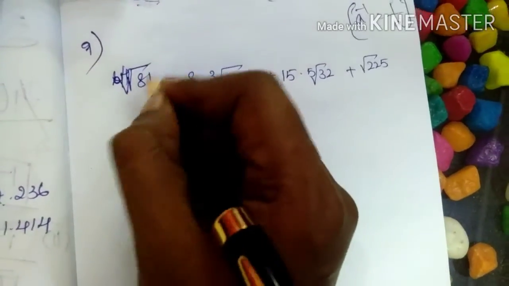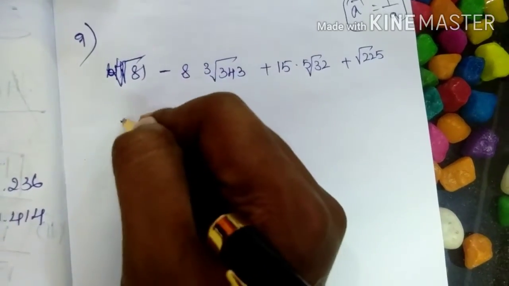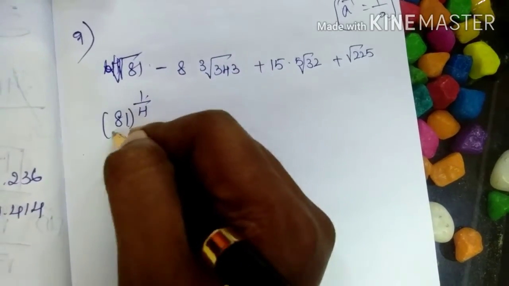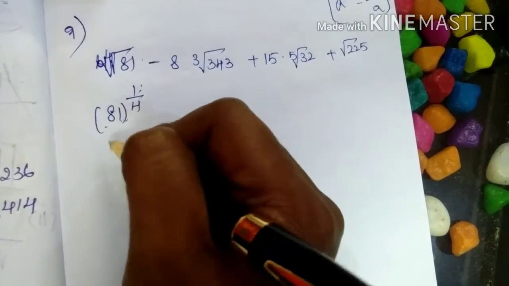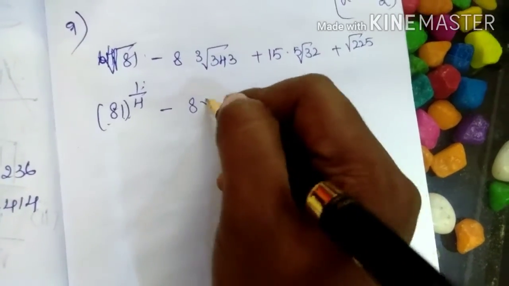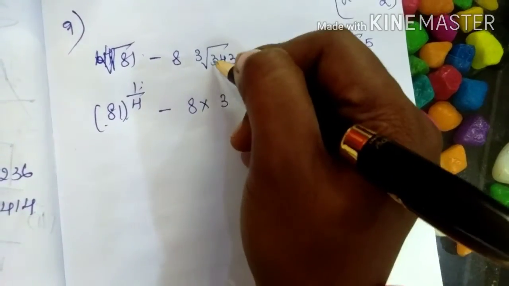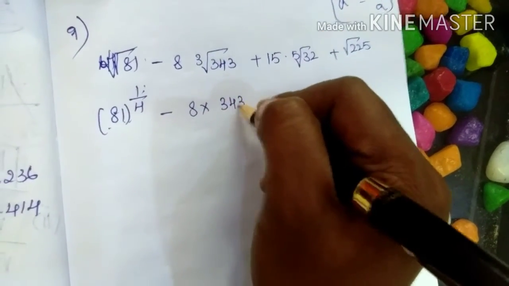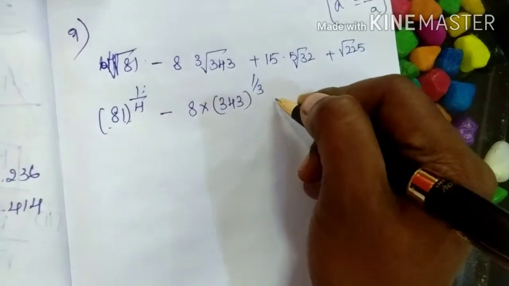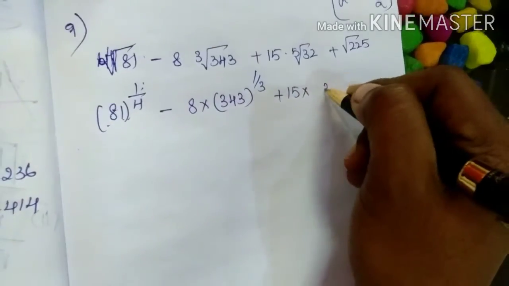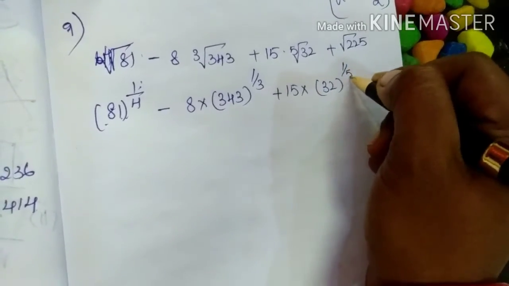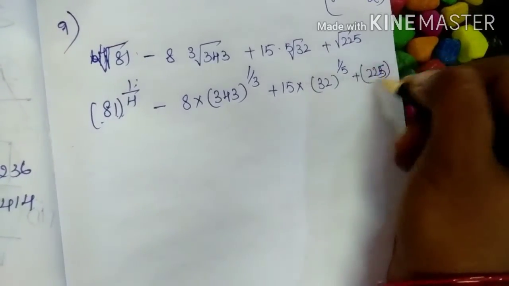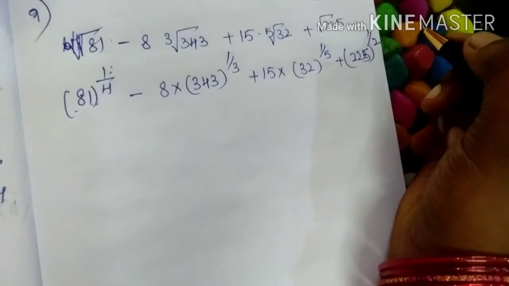Okay, see here, the fourth root of 81 can be written as 81 whole to the power of 1 by 4, minus 8 into 343 whole to the power of 1 by 3, plus 15 into 32 whole to the power of 1 by 5, plus square root of 225, that is power 1 by 2.